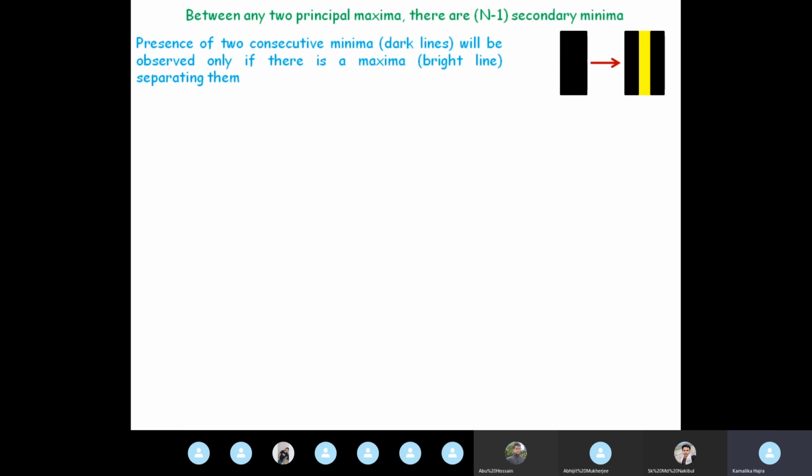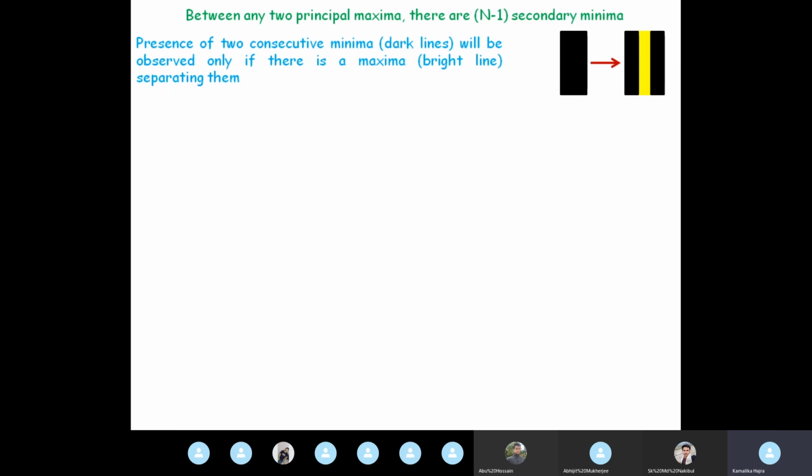right? Similarly with bright lines, if I say there are two bright lines, then there must be a dark line in between separating them. If there are two dark lines, there must be a bright line in between to separate them. All right. Why am I saying all this? Since I am claiming that there are n minus 1 minima between two principal maxima, how will you distinguish these n minus 1 minima?